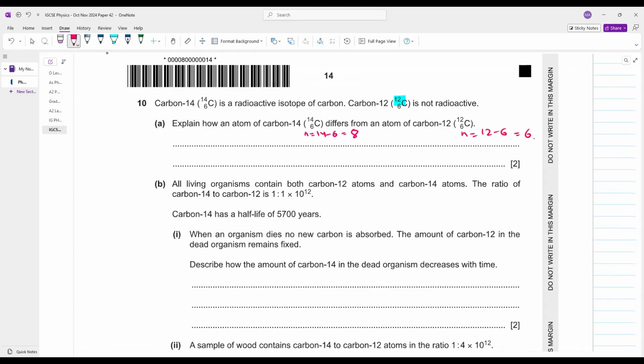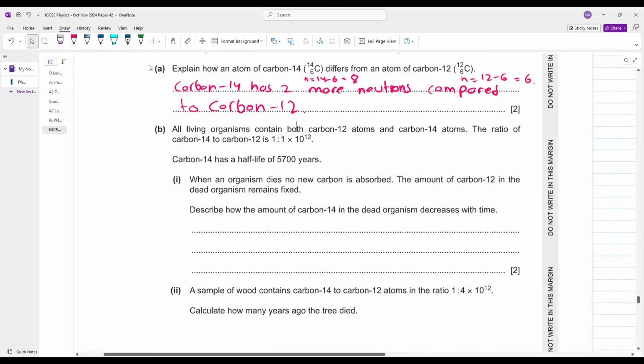You will say carbon 14 has two more neutrons compared to carbon 12. Simple.